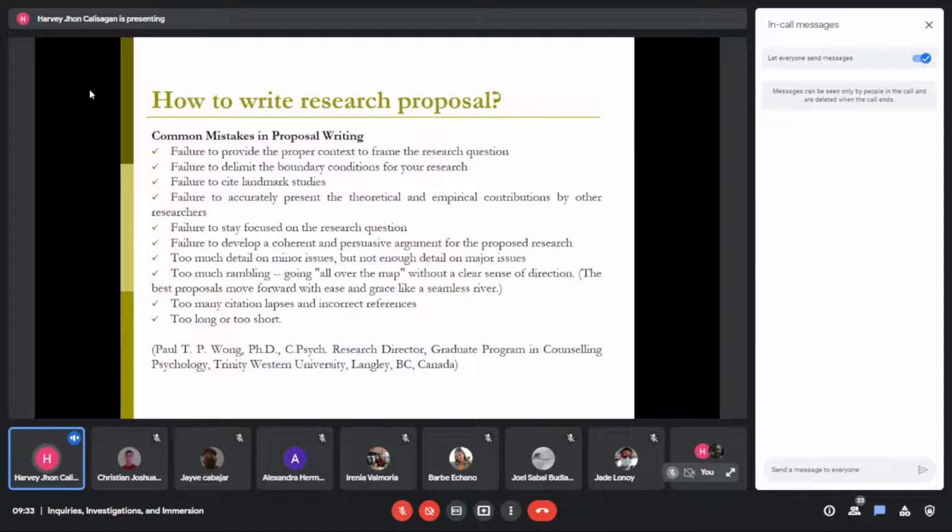On your own, in your opinion, Joel, why do you think we need, as a researcher, to develop a very coherent and persuasive argument when we propose our research? Any thought about this one? Again, why do you think we need to develop a coherent and persuasive argument when we propose a research?